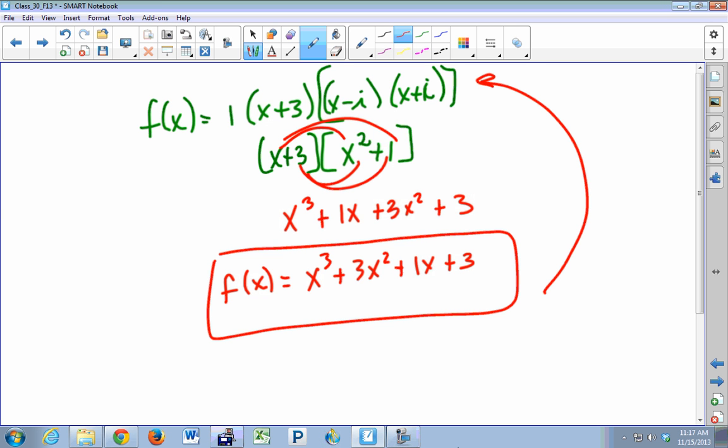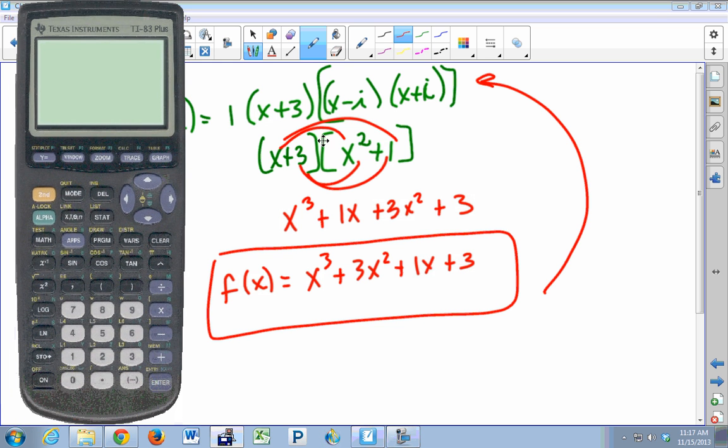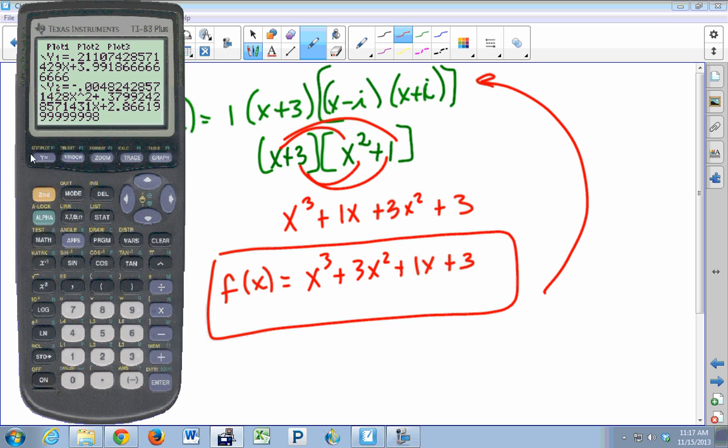Why'd you say 1, Buddha? Right. Two of your factors are imaginary. So those don't appear on your x-axis. They're not real numbers. So if you look at this particular polynomial, it should only cross in one spot at -3. So let's take a look at it real quick.